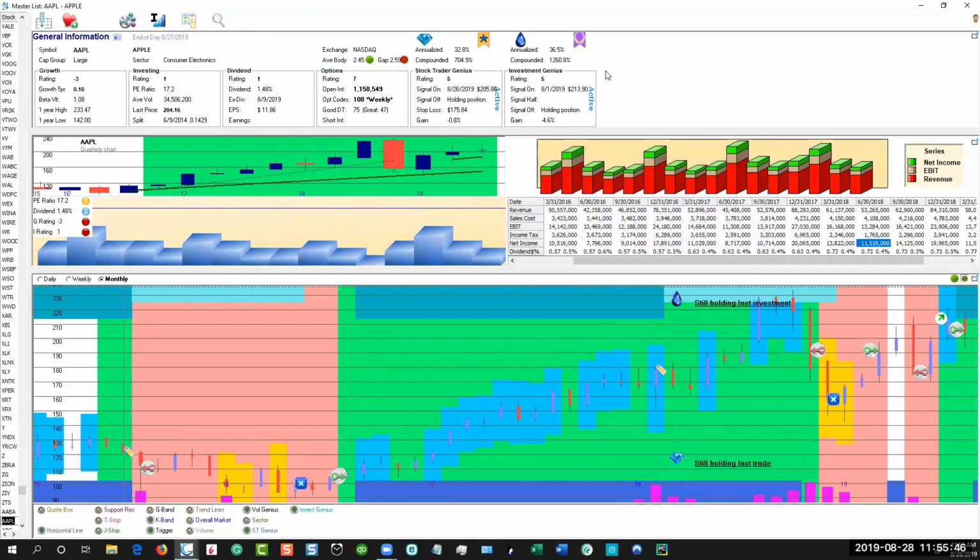Perfect. Okay, so if we're going to actually start using some of these ratings, is 7 always the best to get in on? Or are we looking for something to pay a little more attention to? Yeah, that's the funny part that you and I both know from doing lots of trading: something that's rated a 7, especially with the Investment Genius, has often had a really good run, and the next trade is usually not the best one. You'd have to look a little at the chart.